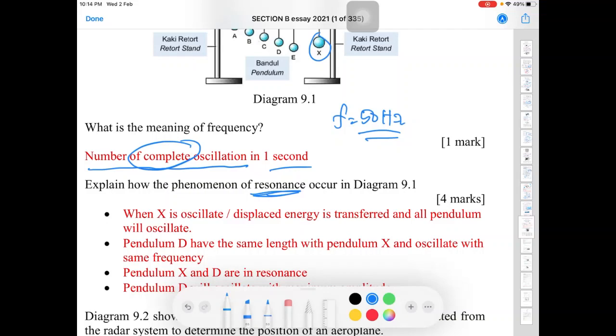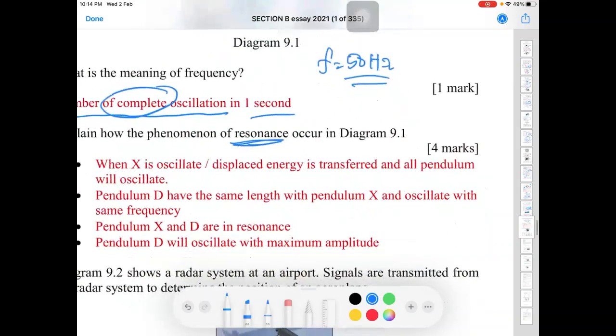Okay, so dengan ayat cikgu ni, when X is oscillate, energy is transferred to all pendulum. So all the pendulum also will oscillate. But pendulum D which have same length with the pendulum X will oscillate with the same frequency. So that means X and D sekarang in resonant. Resonant meaning dia akan ada maximum amplitude.